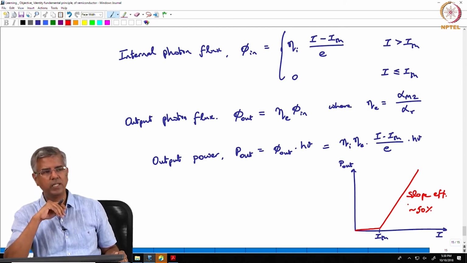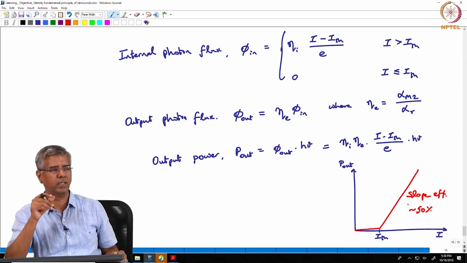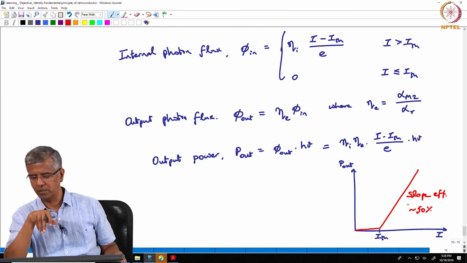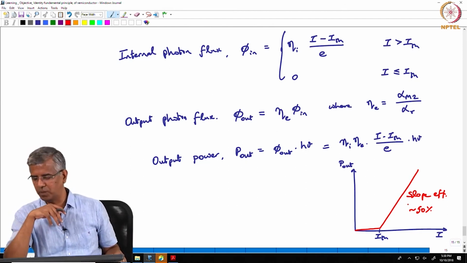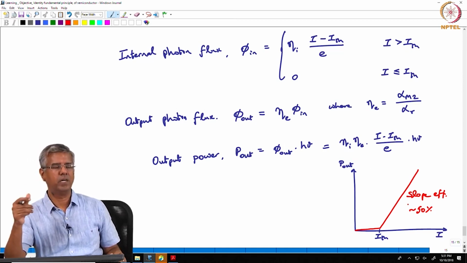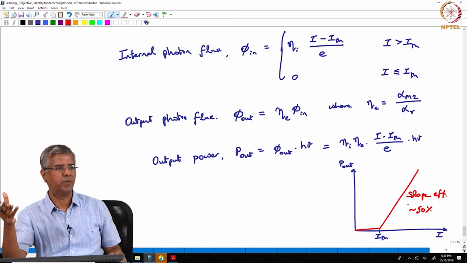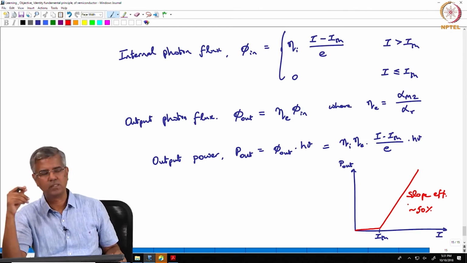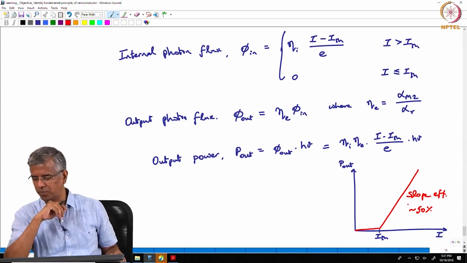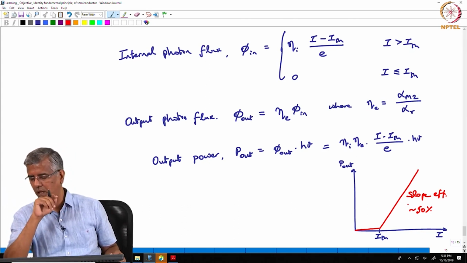Even the solid state lasers that we have, the bulk crystal based lasers, the wall plug efficiency is only in the order of 5 to 10%, but this can give you much better wall plug efficiency. Essentially for unit electrical power, how much optical power are you generating? So this can give you some of the best numbers that you can see as far as wall plug efficiency is concerned.